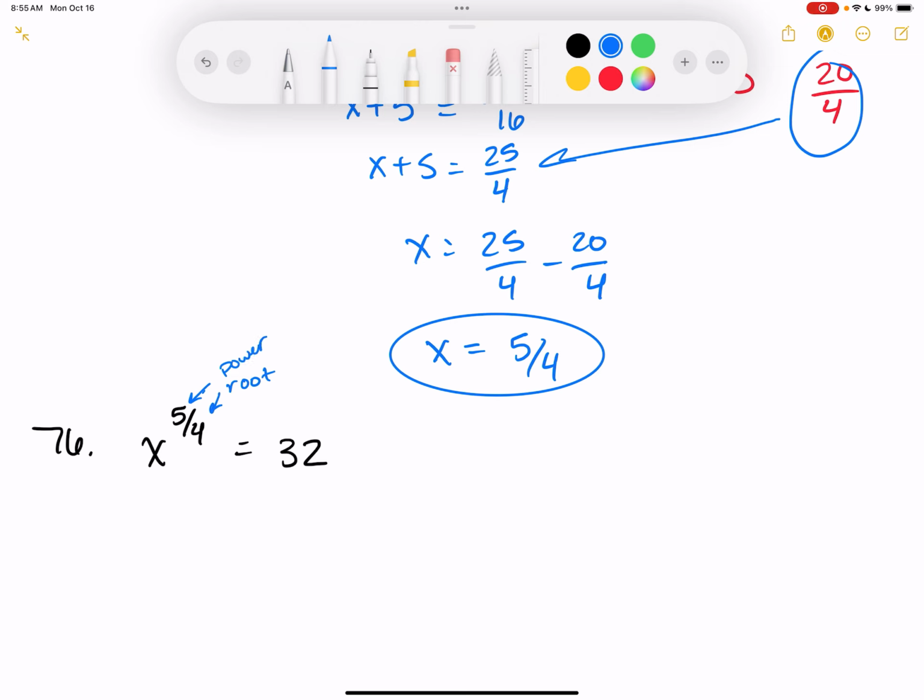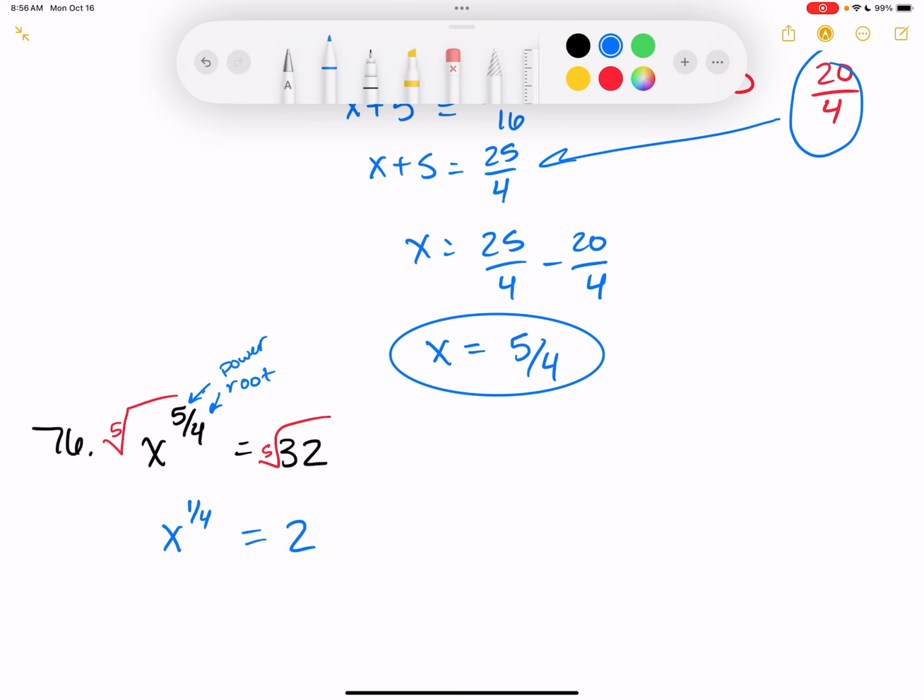Yep. Take the 5th root of it. I'm going to take the 5th root of both sides. So that means that on the left, I'm left with x to the 1/4. 2. Yep. The 5th root of 32 is 2.